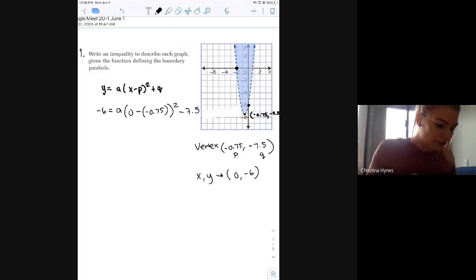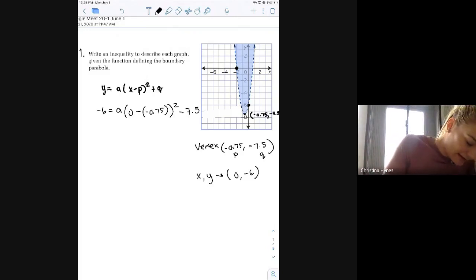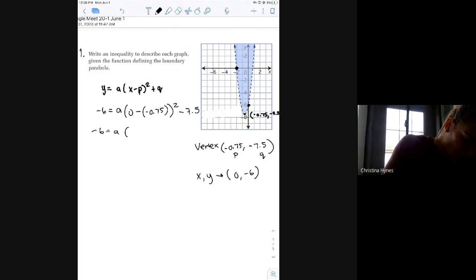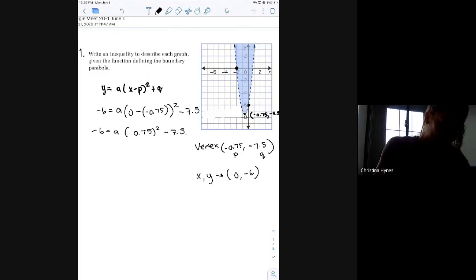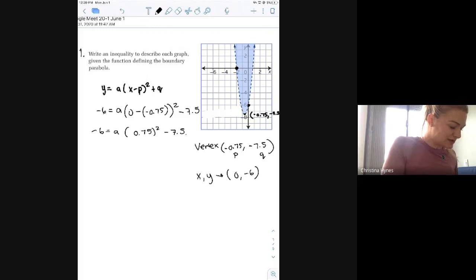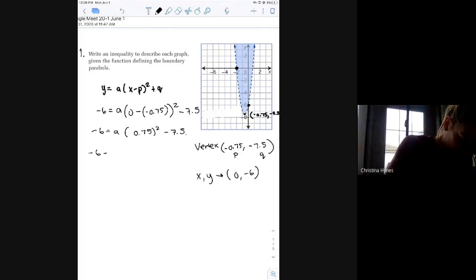And then you're just solving for a in this step. So negative 6 equals a times 0 plus 0.75, which is positive 0.75, squared. And then you're going to square 0.75, minus 7.5.